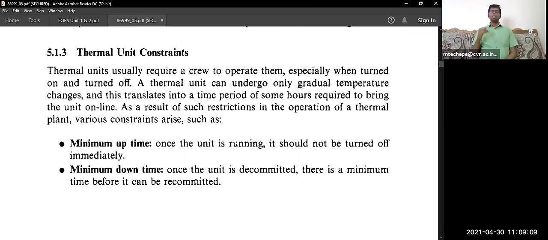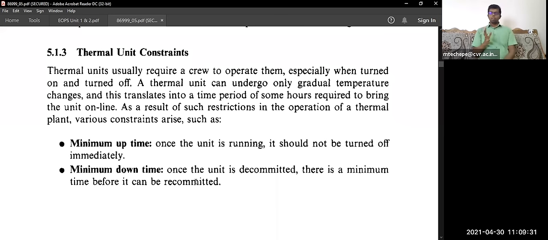As a result, due to such restrictions in the operation of a thermal power plant, various constraints arise, such as minimum uptime constraints and minimum downtime constraints. What is the minimum uptime constraint? Once the thermal unit is running, it should not be turned off immediately. Why?